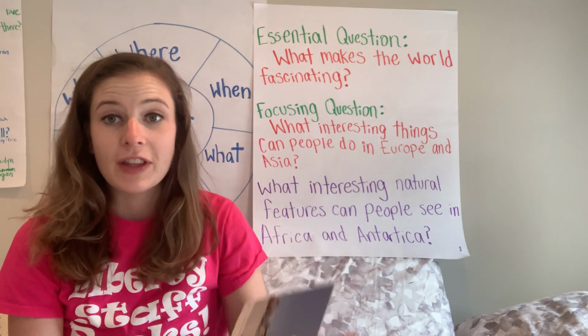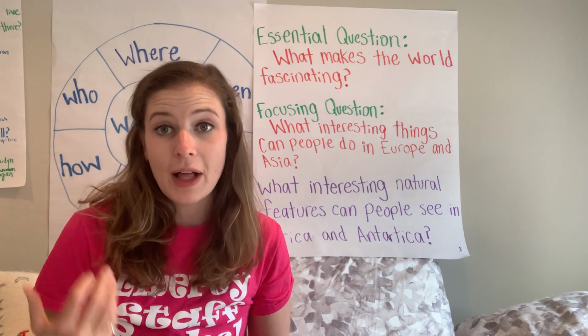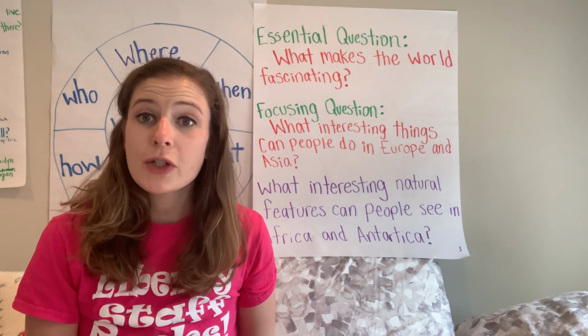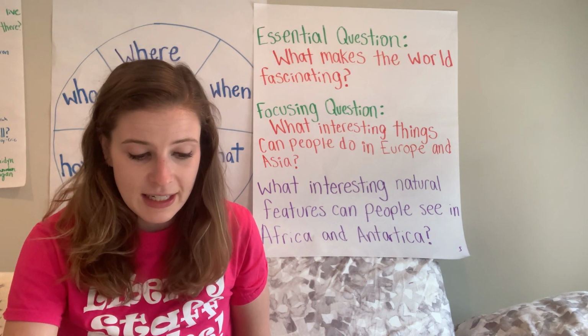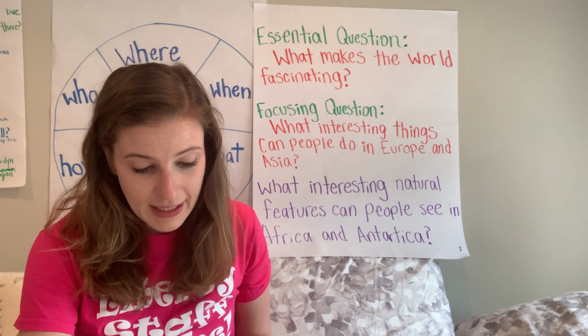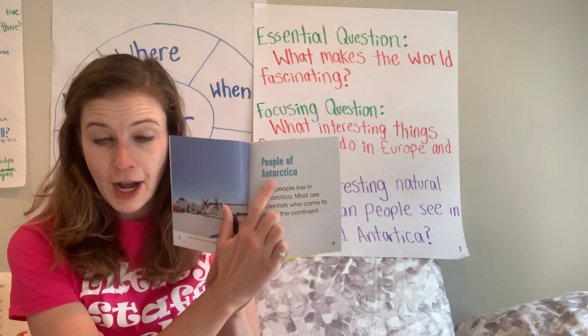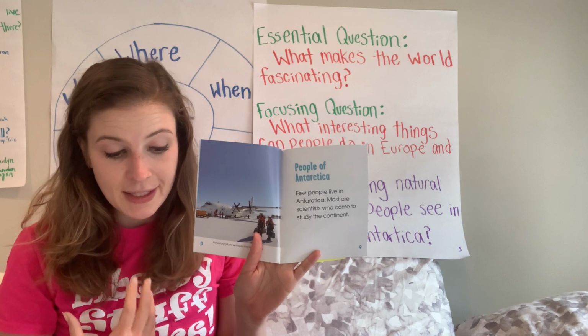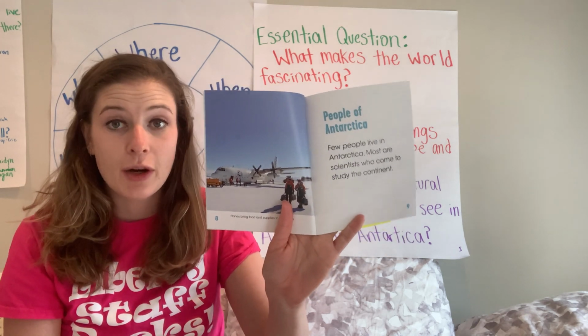So we know that for the next couple pages, we are going to hear about the people of Antarctica. What I want you to do is listen for some of those key details that you might hear. The heading at the top will often be the same as the main topic because they both explain what the section of the text is going to be about.